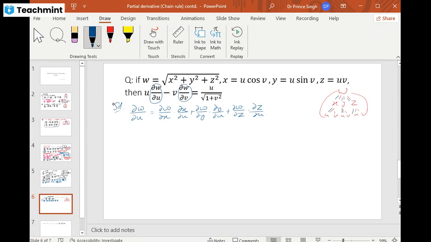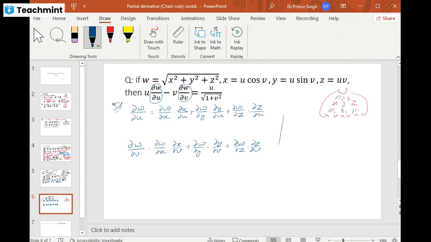And similarly, ∂w/∂v is ∂w/∂x times ∂x/∂v, plus ∂w/∂y times ∂y/∂v, plus ∂w/∂z times ∂z/∂v. So basically we need firstly the derivatives of w with respect to x, y, z and the derivatives of x, y, z with respect to u and v.